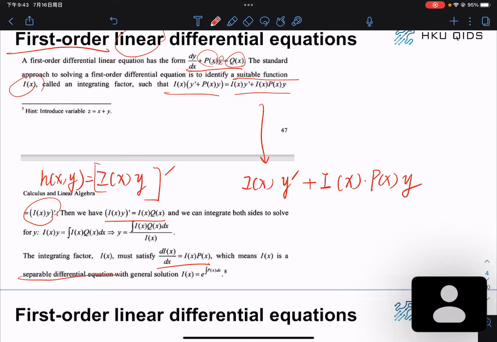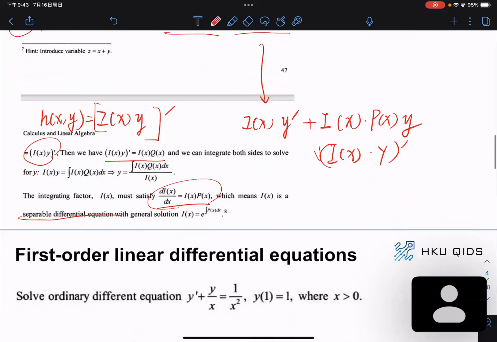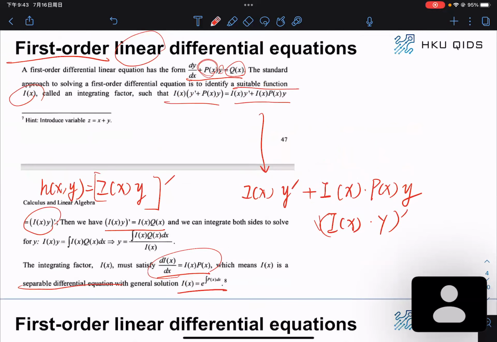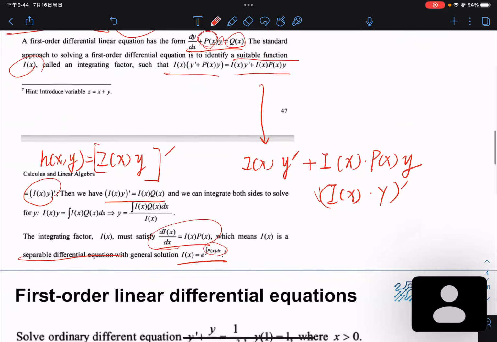If we satisfy this, then it can be regarded as the first order derivative of I(x), the integrating factor, multiplied by y, okay? By the multiplication rule we introduced before. And the general solution is that we just put the p(x) in the power of this exponential part.